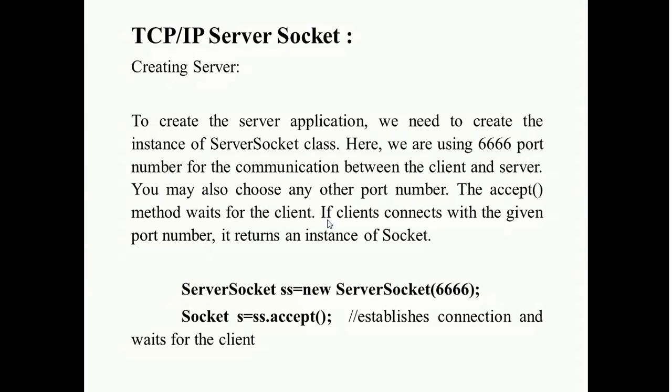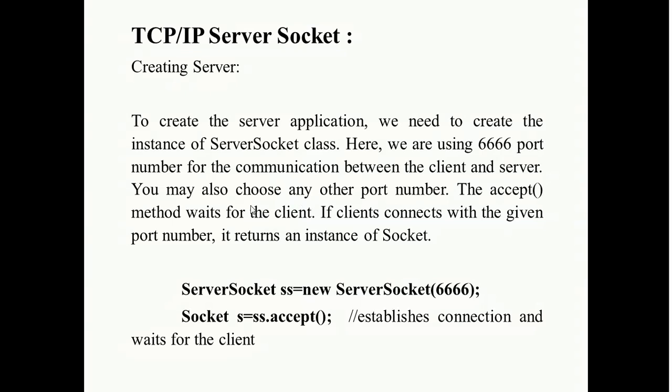To create a server application, we need to create an instance of the ServerSocket class. So at the time we create a server application, first we need to create an instance, or an object, of the ServerSocket class. See one example, here we are using the 6666 port number for communication between the client and server.